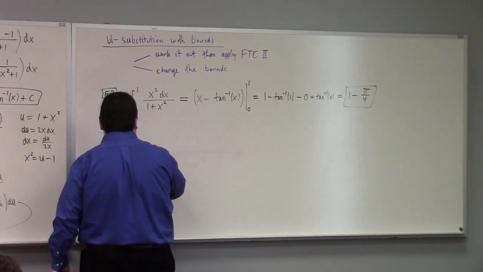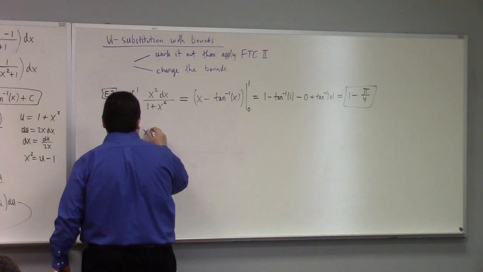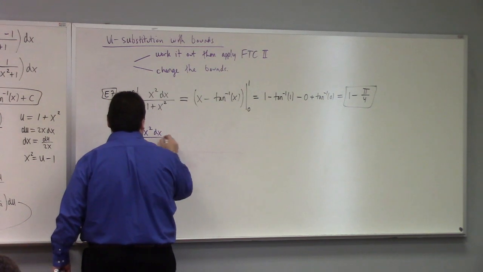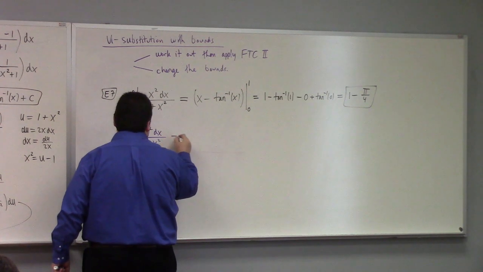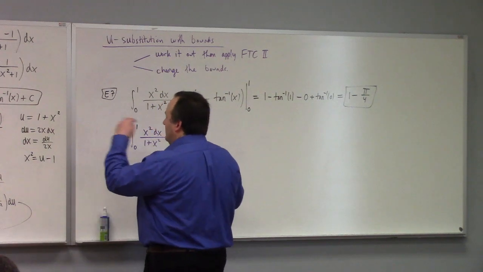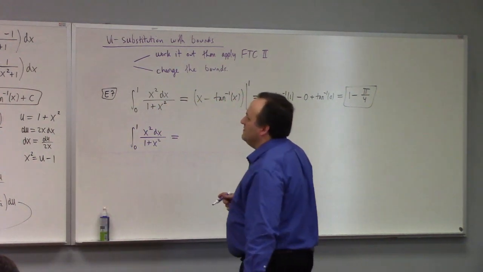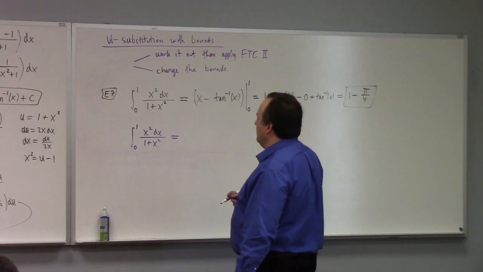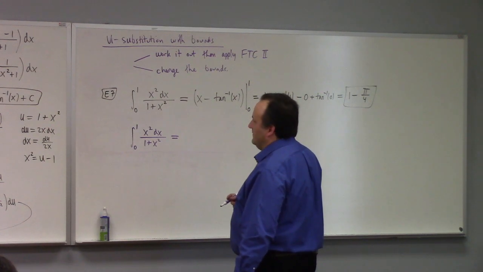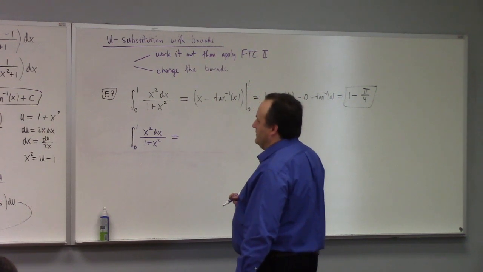So here's how that goes. Integral from 0 to 1 of x squared dx over 1 plus x squared is equal to, basically we're going to, oh man, well that was just dumb. I didn't make a u substitution to do this.